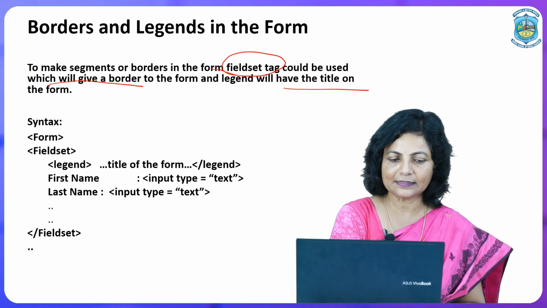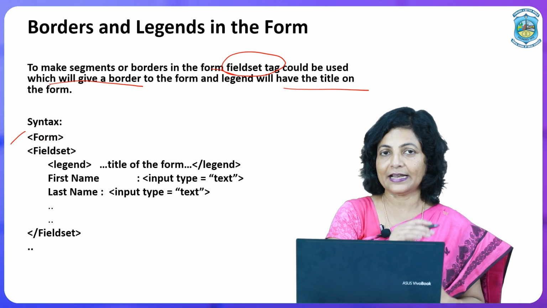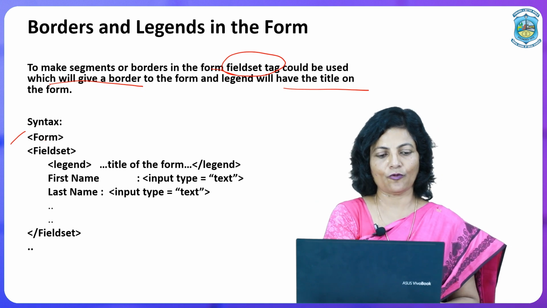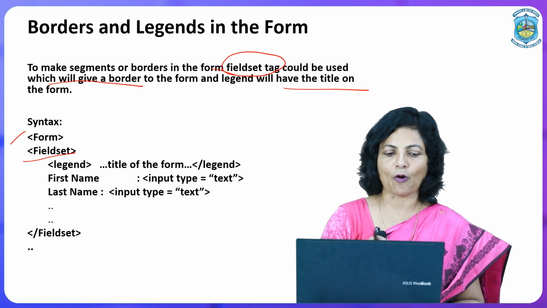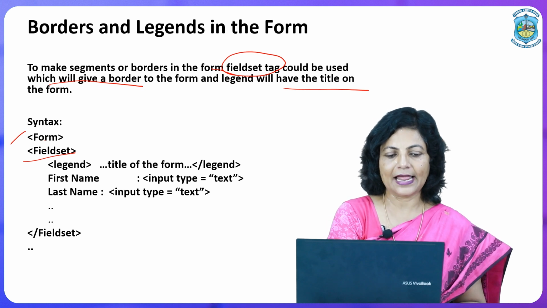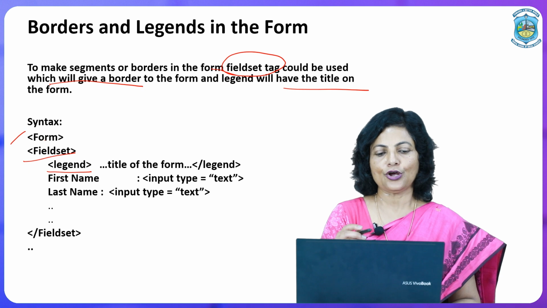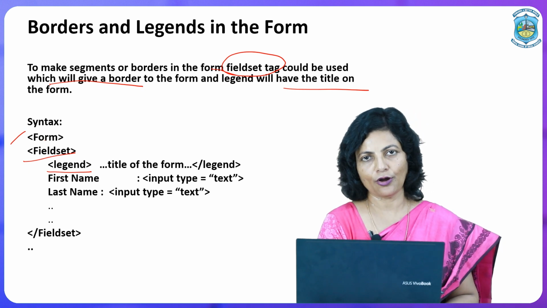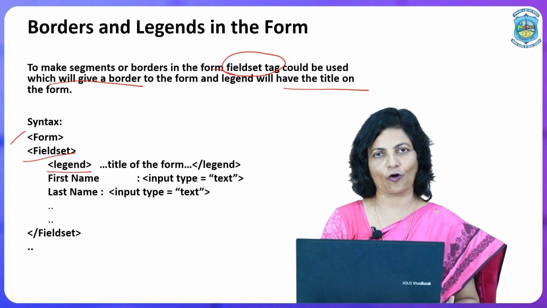As you can see in the syntax inside the form tag, the entire form is enclosed within fieldset, as fieldset gives the border to your form, and the next tag is the legend tag. The legend tag is used to give the title to your form. So, these are the controls of the form.